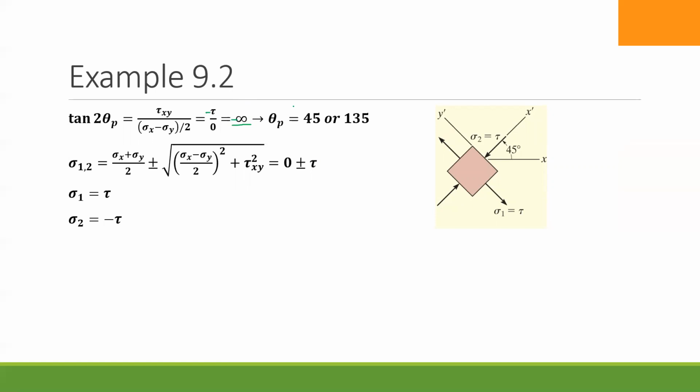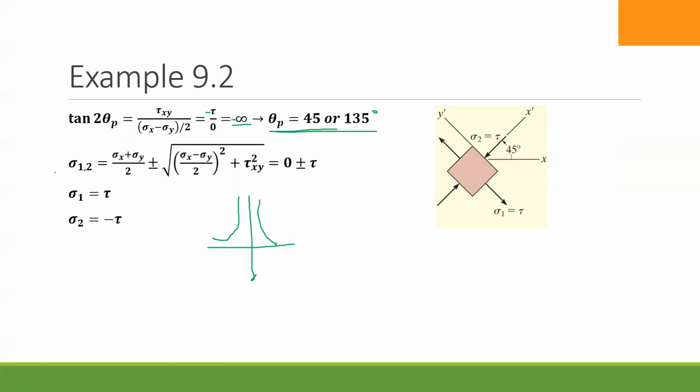Maybe you can remember that tangent has an asymptote when the angle is 90 degrees. So 2 theta p is equal to 90, or minus 90, so theta p can be 45 or 135 degrees. So we found the orientation.